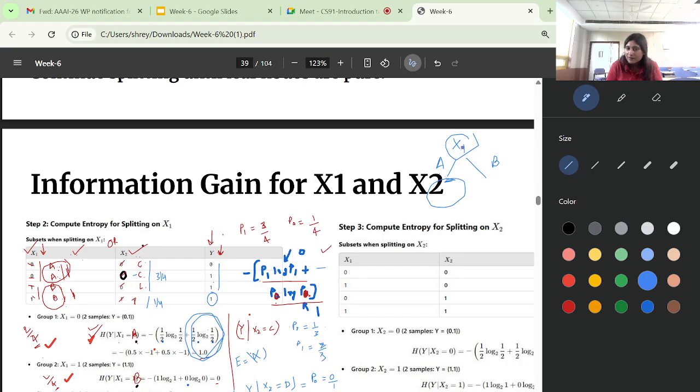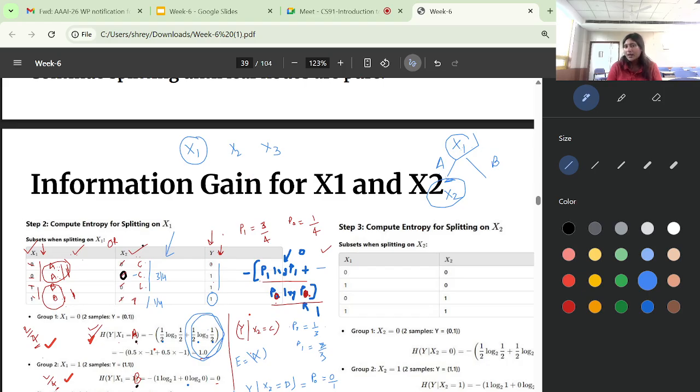Because x1 is already chosen, you will choose for x2. Let's say you have three attributes, x1, x2 and x3. Repeat the process for all three, and we get the information on which attribute gives you the best split.